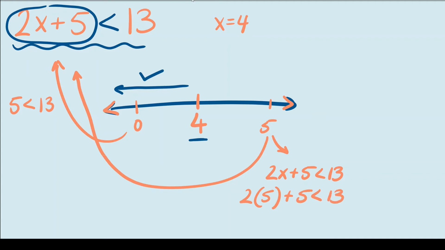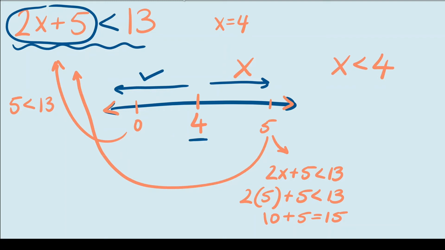Well, 2 times 5 is 10, plus 5 gives us 15. And I know that 15 is not less than 13. So that means every value greater than 4 does not work. So, as a result, our final answer is x is less than 4.